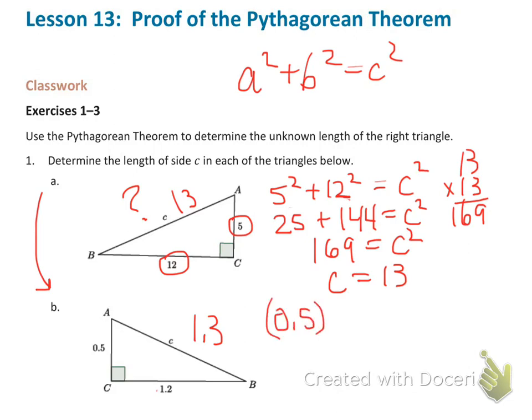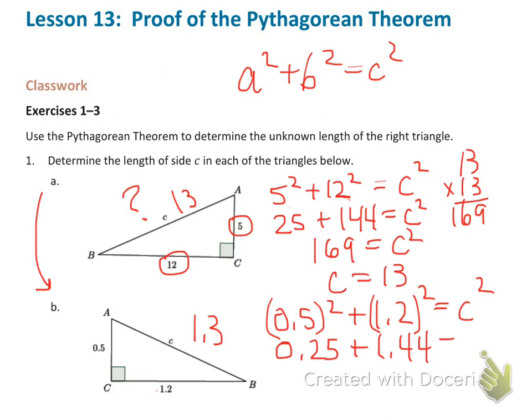0.5 squared plus 1.2 squared would equal C squared in this case. 0.5 squared is 25 hundredths. 1.2 squared is 1.44.